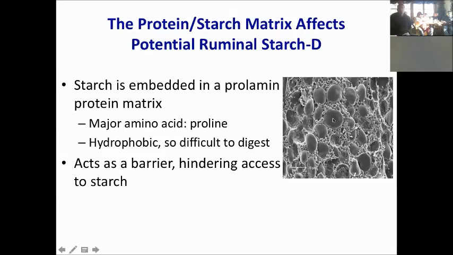In fact, a rumen bacterium would barely be visible in this picture if you were to try to find it, because it's so much smaller than what you see right here. And so they actually have to attach and grab onto these starch molecules. But if they're covered and surrounded by all of these poorly digestible proteins, it makes it more difficult for them to do that.